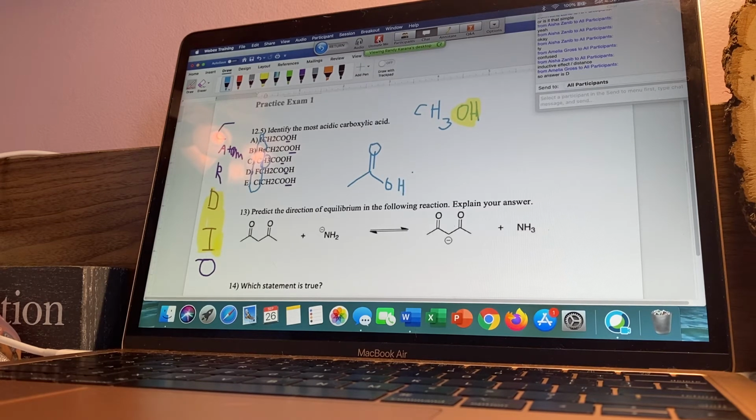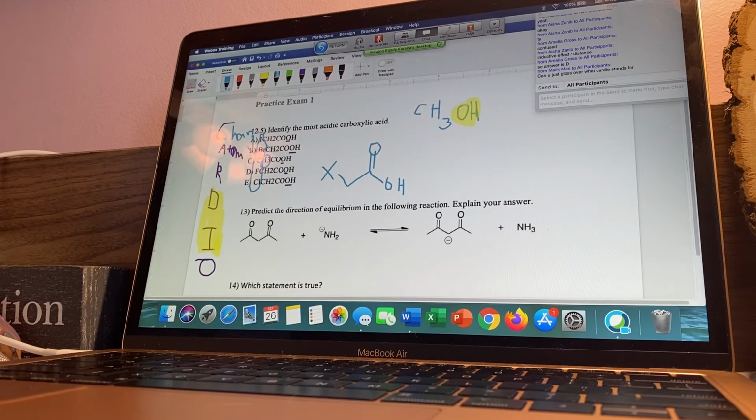So charge is the same. And then let's say this is just an X, okay? X just means a halogen. Yeah, it's going to be D, Amelia. So charge is the same.